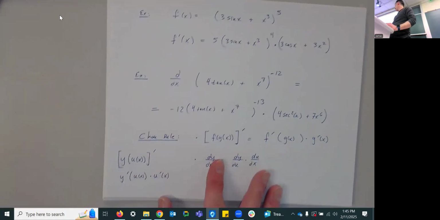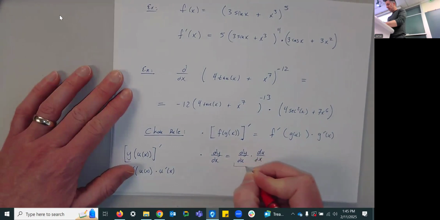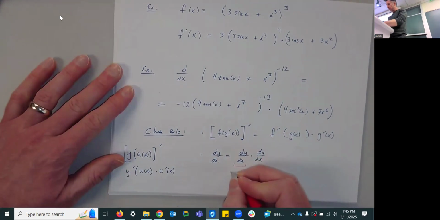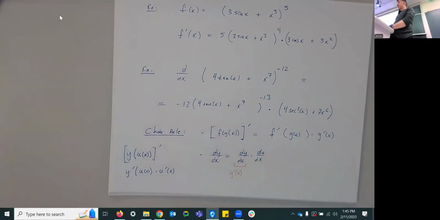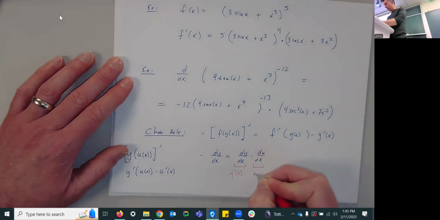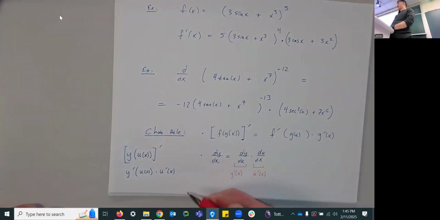But that is exactly what we've written over here. This dy du is our y prime of u. We're just ignoring the fact that there's an x inside that u. And this du dx is exactly your u prime of x. And this dy dx is exactly the derivative of your original function.